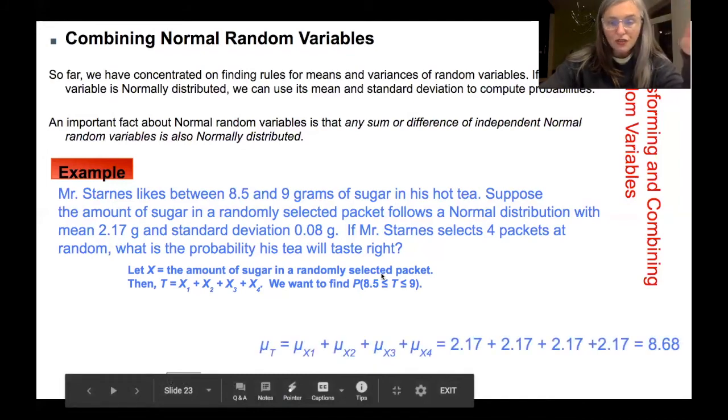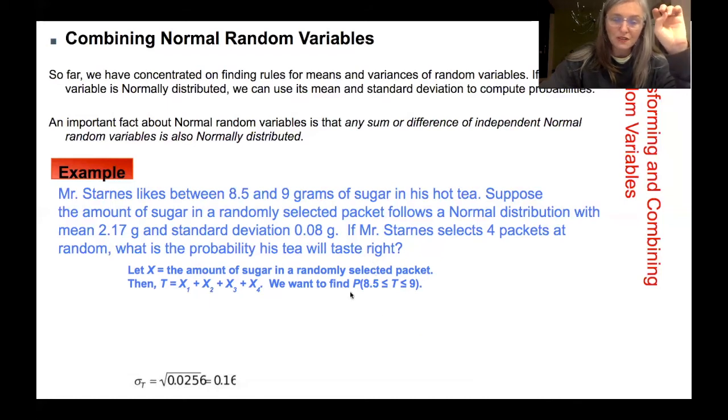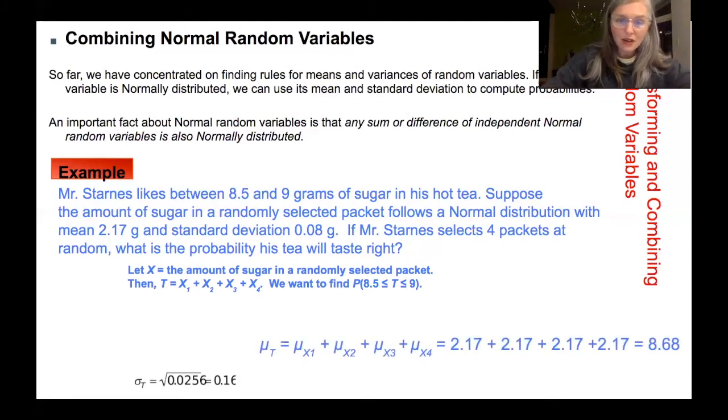In order to find this probability, and maybe I should have backtracked a little bit, we want to get on a normal curve. What is the mean? What is the standard deviation? Then I can go to the normal distribution in the calculator and calculate it. If I want to find the mean, I'm just going to add up all my means. Remember, it's perfectly fine to just add up all your means.